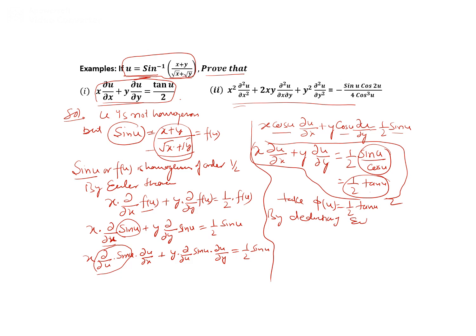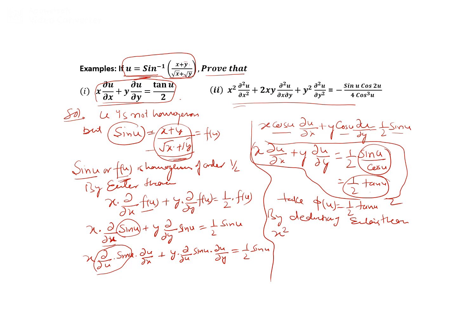of Euler theorem, as we discussed previously, here u is a function, f(u) is a function of x, y, z, and if you suppose this is a z function, u is a function of x, y, and f(u) is a function of, again, x, y, and a homogeneous function. So here we use the deduction of the Euler theorem, which is what?